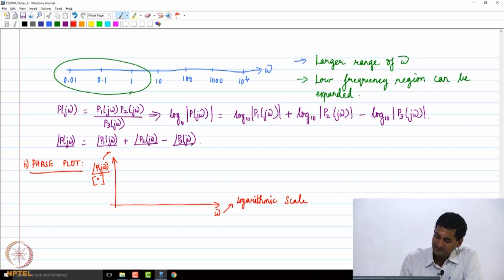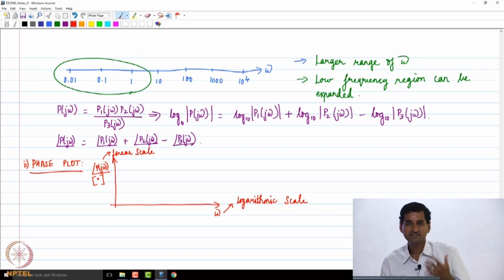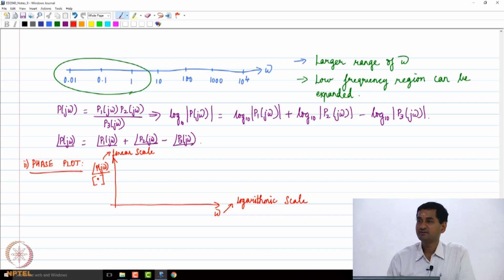Here we just use a linear scale, there is no need for any logarithmic scale here. You calculate the phase. Anyway, the phase of a complex valued function satisfies this property, so we don't need to take the logarithm as such. We just use a linear scale for that. So that's what the phase plot would visualize.